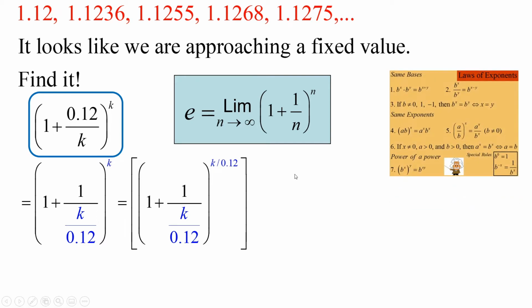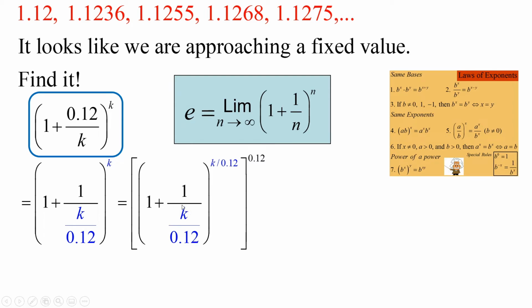And again, all I'm using here is my power of a power right here. B to the x to the y is b to the xy. So if I do that, I haven't changed anything, but look at this bracket. 1 plus 1 over k divided by 0.12 to the k divided by 0.12. So I'm saying the n's I see in my definition of E are nothing more than k over 0.12. All right?